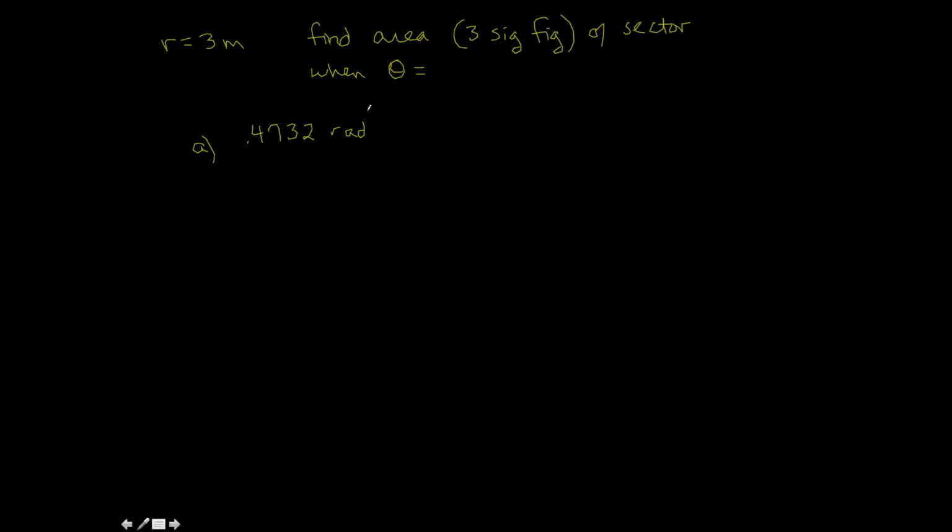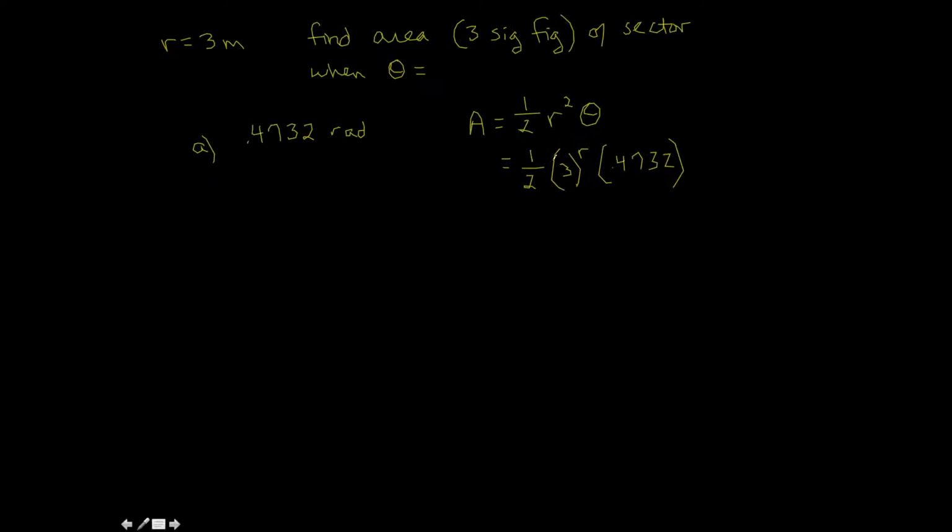radians. Okay, so what's the area formula of a sector when it comes to radians? 1/2 r squared theta. Okay, so this should be very easy. This is just a plug and chug. R is going to be 3 here, and theta is 0.4732.